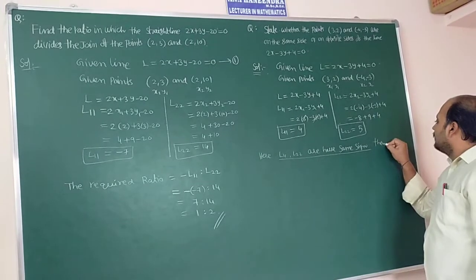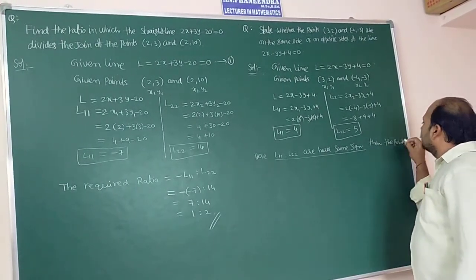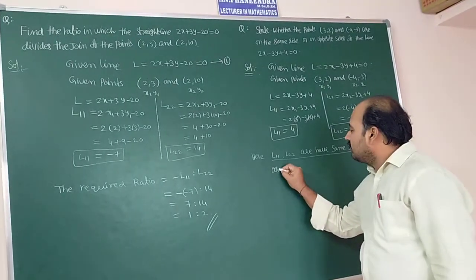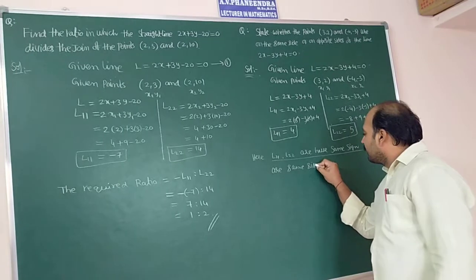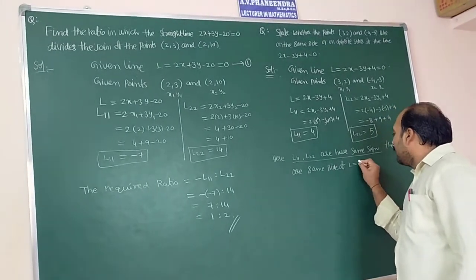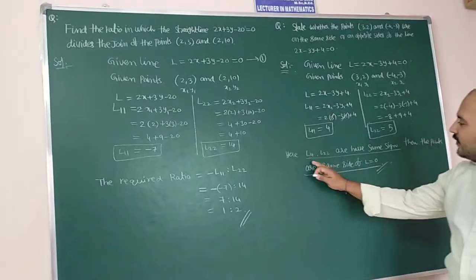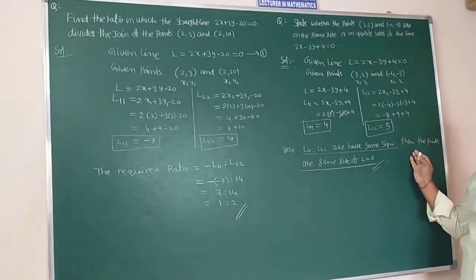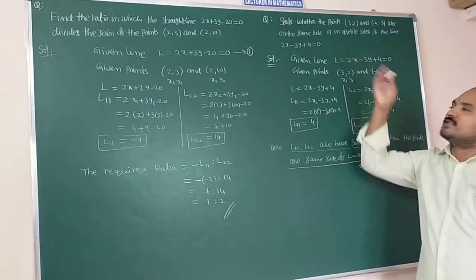Then the points are on the same side of L equal to 0. That is the conclusion. L11 and L22 have the same sign. Therefore, the points are on the same side of the line L equal to 0.